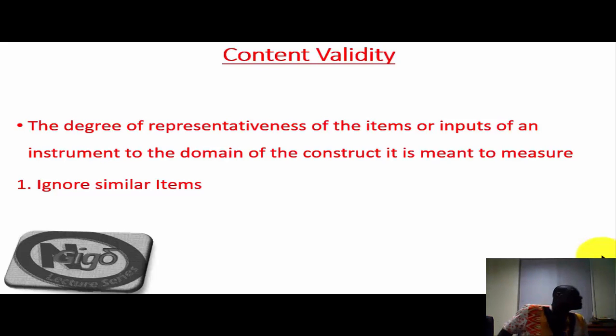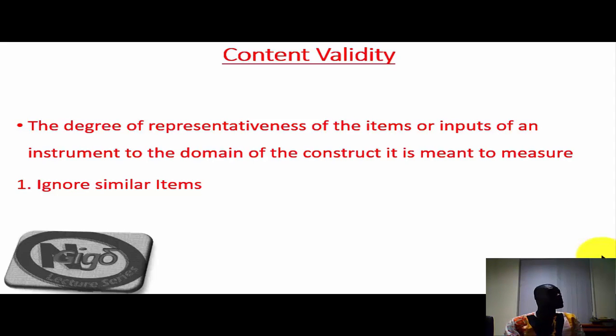So, Prof. and the fields have some guidelines for us to follow on this. Yeah, when it comes to content validity, it says 1, ignore similar items. So 1, you ignore what? Similar items. So if there are 2 items that are similar in nature, they will give you the same thing.